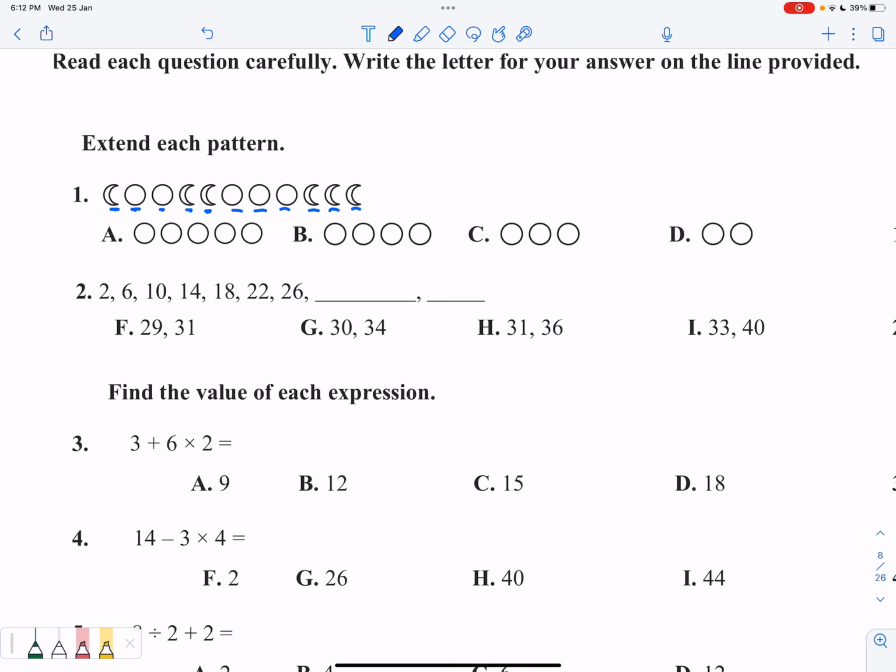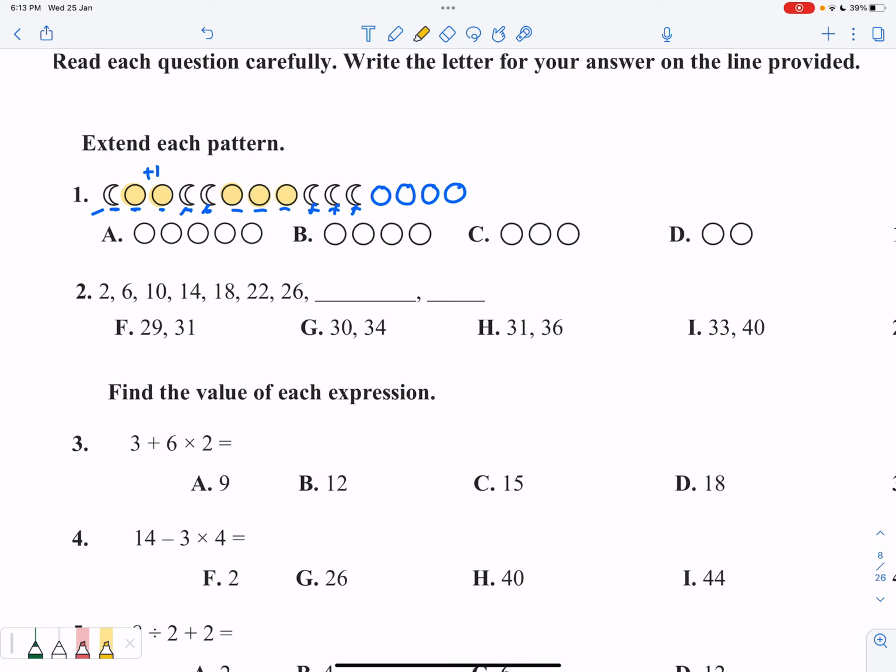Let's see. So first we had 2 circles, then 3. So the number of the circles is increasing. So I guess after that we should have 4 circles, because the number of the circles is increasing by 1, as well as the number of the moons, because first we had 1, then 2, then 3.